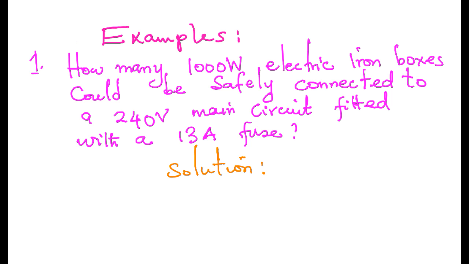The number of electric iron boxes multiplied by 1000 watts should be equal to the power output, which is current times voltage.